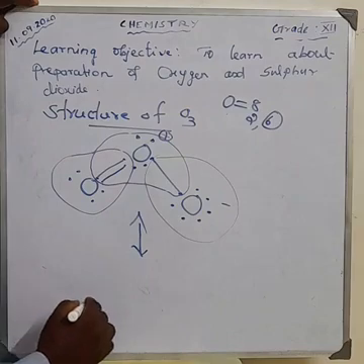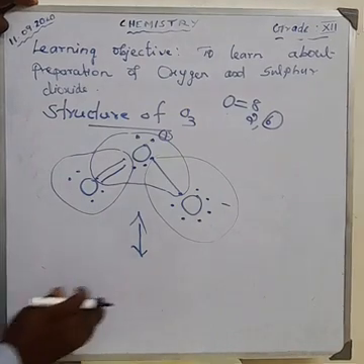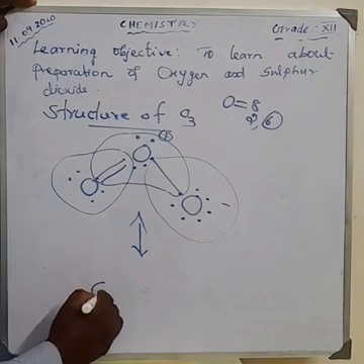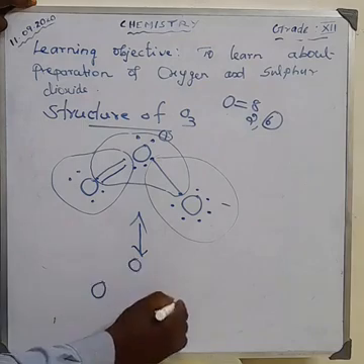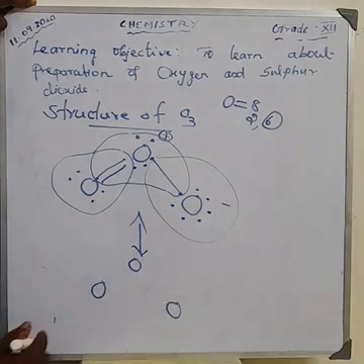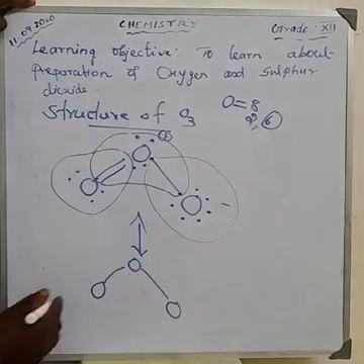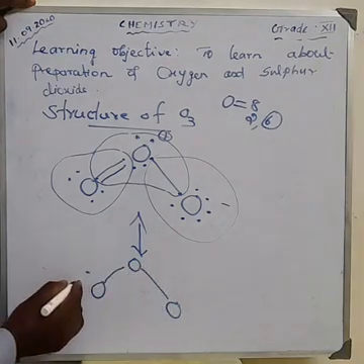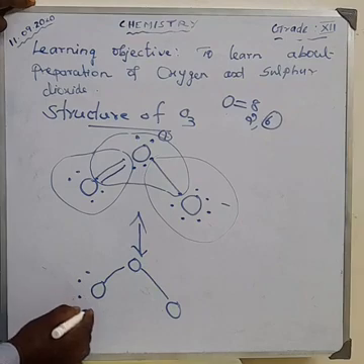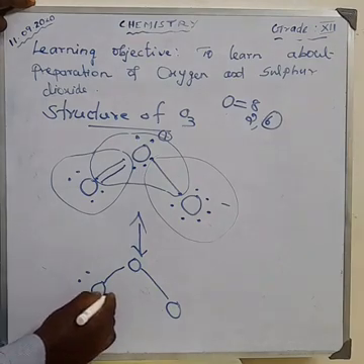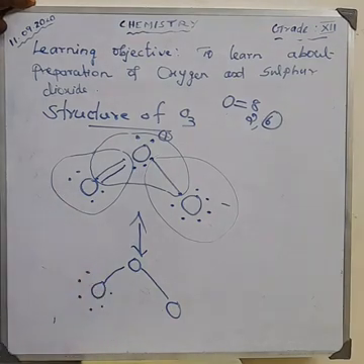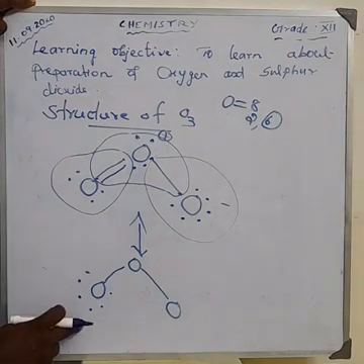Same like that. Oxygen, oxygen, oxygen. Okay. Next, first we make a single bond. Start here. Each atom contains 6 electrons in the outermost shell. So we give the 6 electrons.